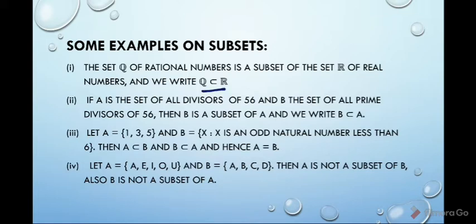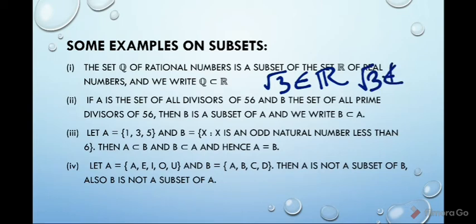But the converse is not true, meaning you cannot write R is a subset of Q. This is totally wrong. R is not a subset of Q. Why? Because you can take root 3 from the real number set. Root 3 is a real number, but root 3 is not a rational number.